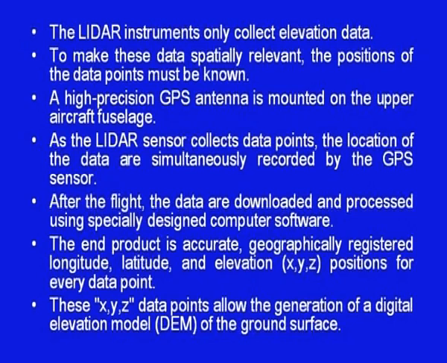After the flight, the data are downloaded and processed using specially designed computer software. The end product is accurate, geographically registered longitude, latitude and elevation positions for every point. These X, Y, Z data points allow the generation of a digital elevation model of the ground surface.